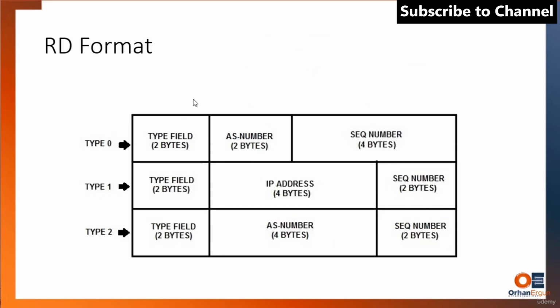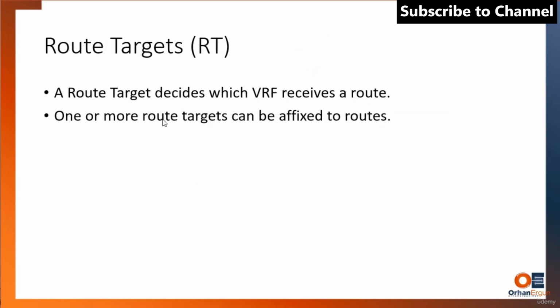But there is another concept which a lot of people mix with route distinguisher. Like I said, route distinguisher is locally significant, but route target is significant in transit, which is very important to understand. The format of route target is kind of similar to route distinguisher, but what route target does is this.